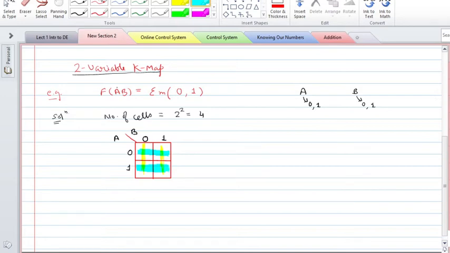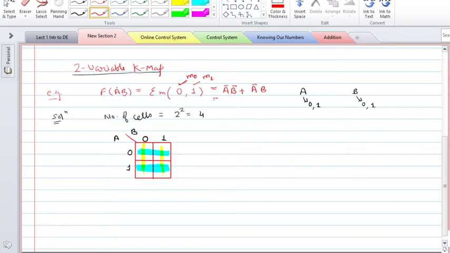Okay, so in this way, if we want to enter these two terms, because this represents min term 0 and this represents min term 1, this given function can also be written like this, that is a bar b bar plus a bar b.